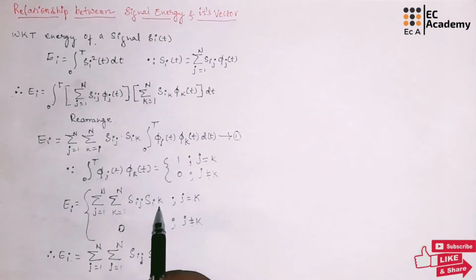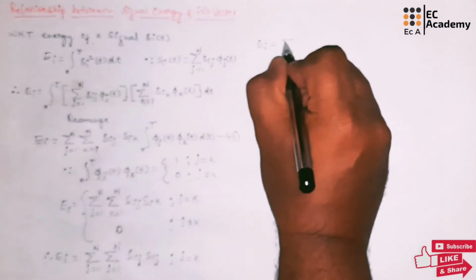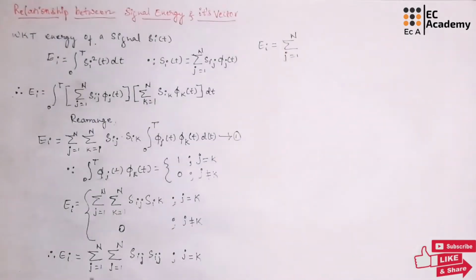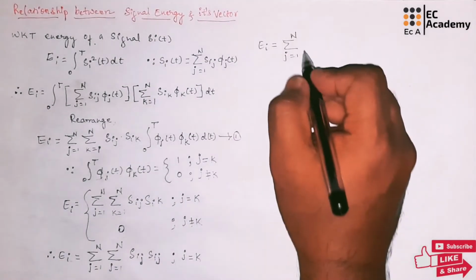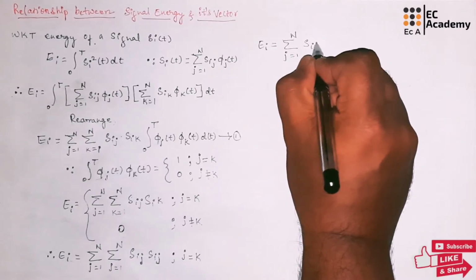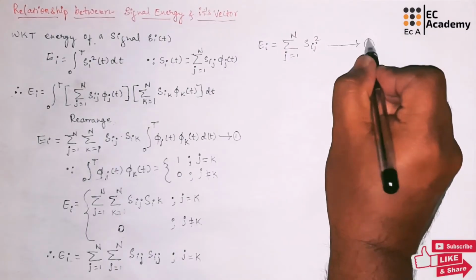This is obtained for j value equal to k. Now in this equation both the summations are the same, so we will take only one summation and write energy of a signal as summation of j is equal to 1 to n Sij square. Let us call this equation number 2.